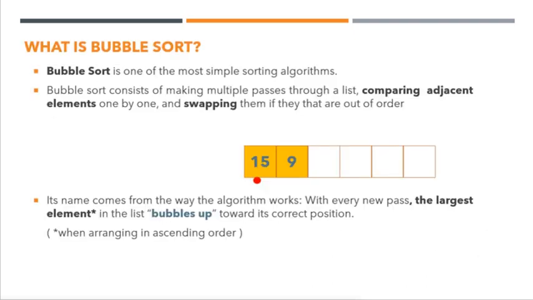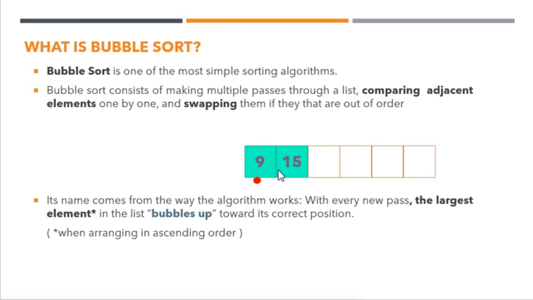It's one of the simplest sorting algorithms. We are going to compare adjacent elements and swap them if they are out of order. So if this is a list of elements, I compare adjacent elements, and suppose I want to sort them in ascending order, I can find this 15 is bigger. In ascending order, the smallest element should come forward. So this is bigger, so I will shuffle these two elements so that they get their correct positions.